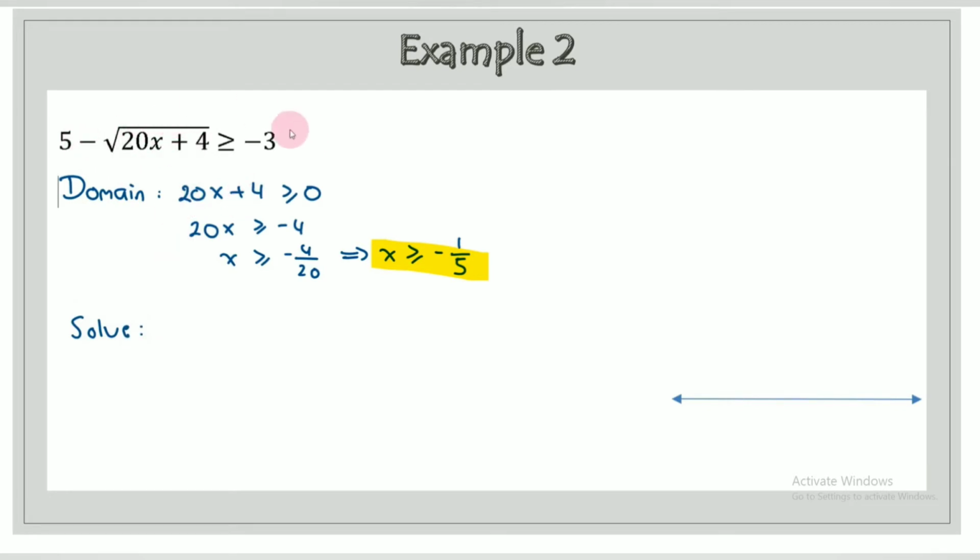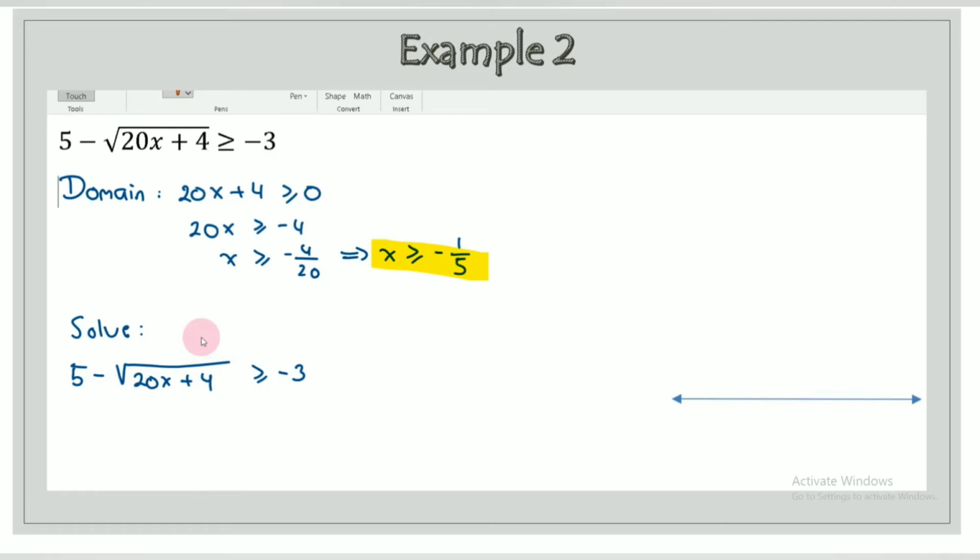Since the radical is negative, let's try to avoid that. Let me first copy the problem. I want to move it to the right, since I want to get rid of the negative before the radical. So I add square root of 20x plus 4 to both sides.